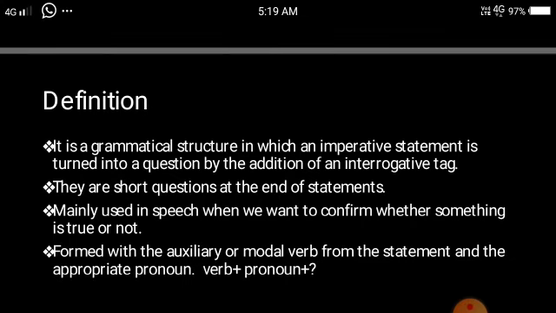Now what you are going to do is take the helping verb or the modal or the auxiliary is and make it negative, because this is a positive statement. Is changes to isn't, and after that you're going to add the pronoun it.